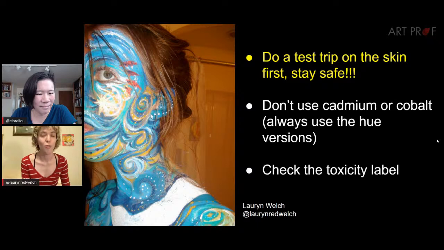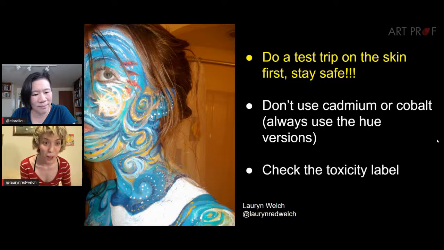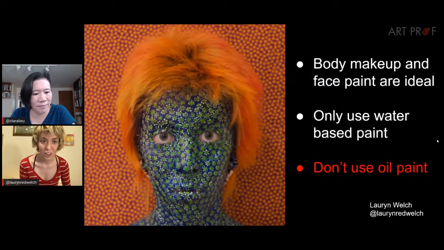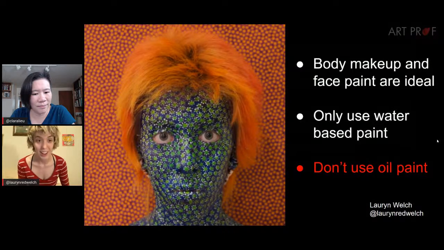And you also don't want to use paints that have toxic pigments in them. So even though we don't think that acrylic paint, if you get a little bit of cadmium paint on your skin, it's not going to kill you, but you really don't want to cover your body in metals, cadmiums, cobalts. That's a bad idea.